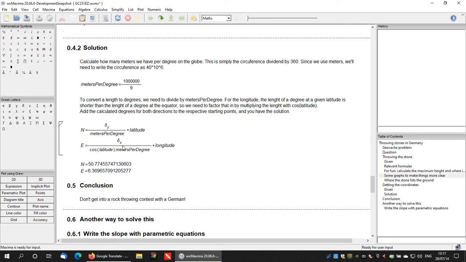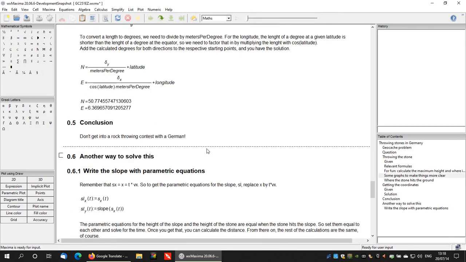So we get dx divided by the cosine of the latitude times meters per degree plus the longitude, and that gives you north 50 degrees, 0.77 and a bit, and to the east 6.369 and so on. Now the conclusion of this is you shouldn't get into a rock throwing contest with the German, because honestly throwing a rock almost 500 meters far, it's quite impressive.